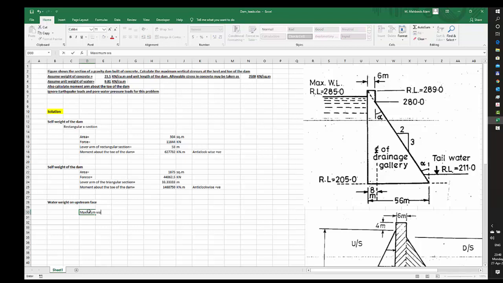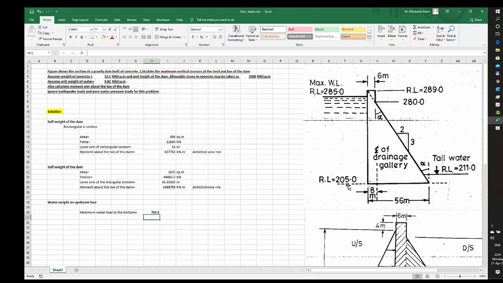Maximum water load at the bottom is equal to this, unit weight of water multiplied by the height of water. The height of water is 80 meters. Fine. So this is now the base value, 784.8. Here it is 0 at the top.